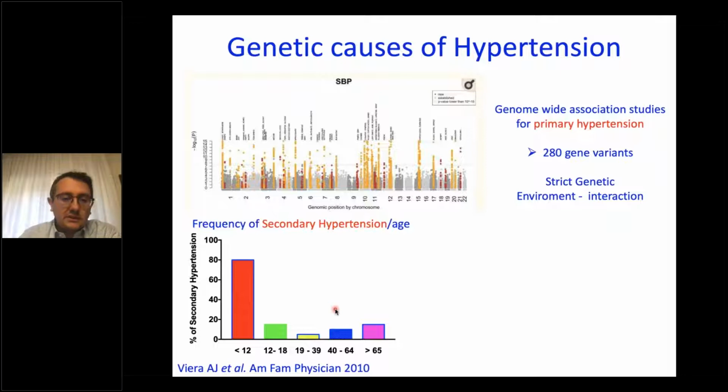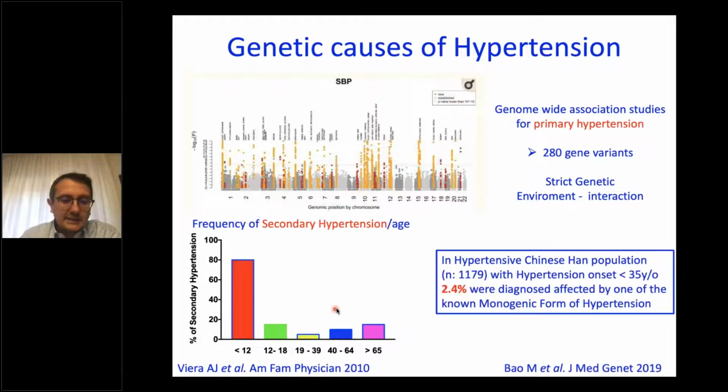Secondary form does not mean only genetics. Indeed, in this Chinese population, about 1,200 people with hypertension before 30 years old were screened for the known genes of monogenic forms of hypertension, and they found a prevalence of about 2.4%.